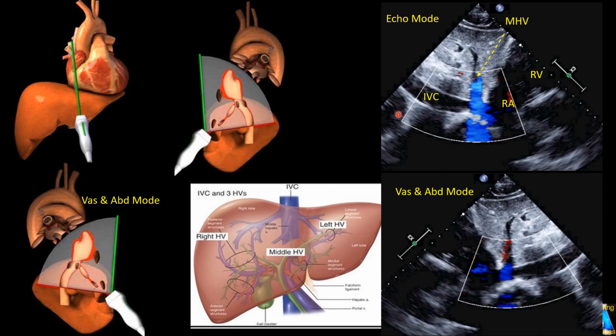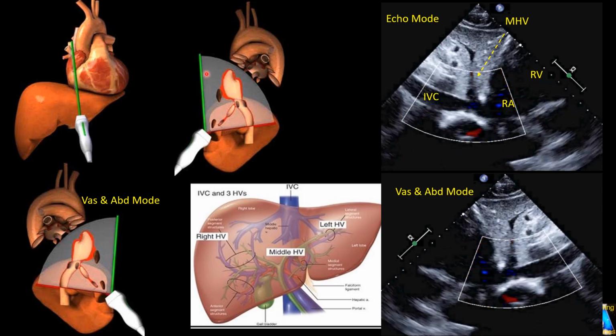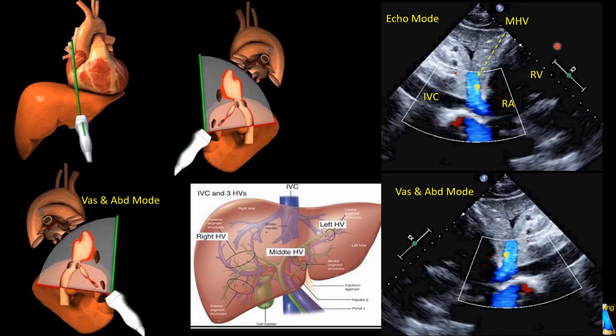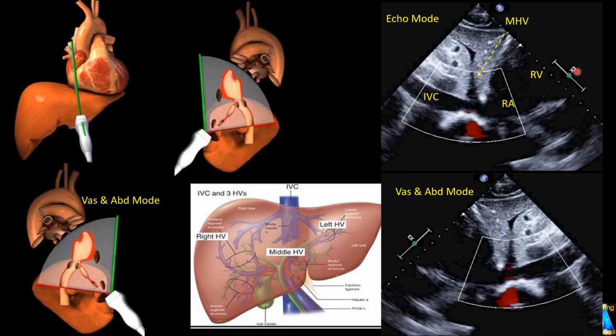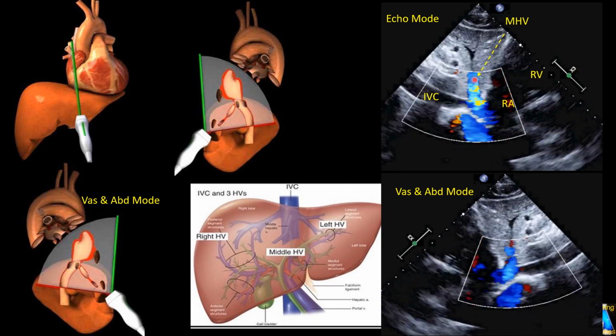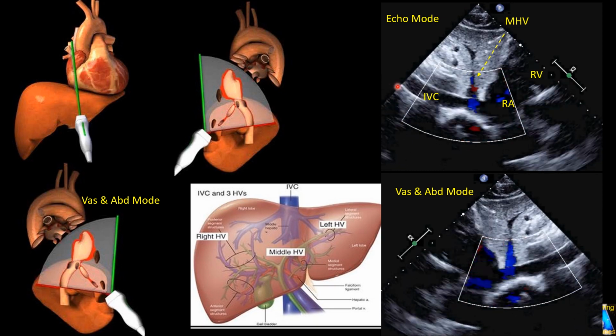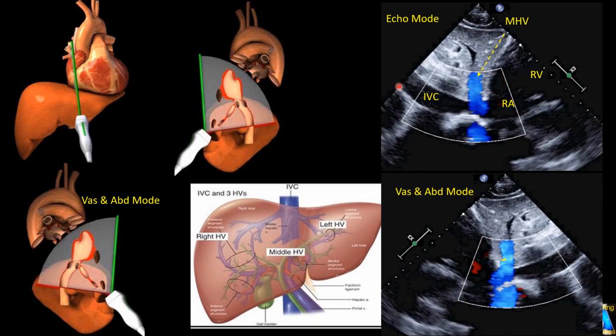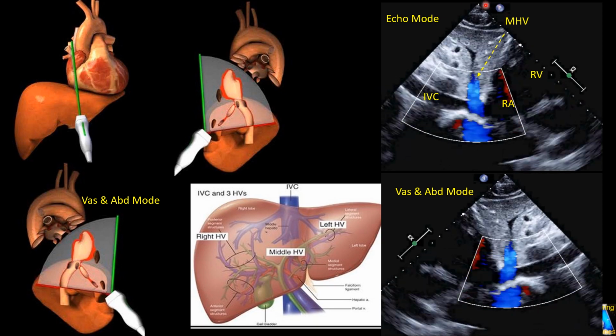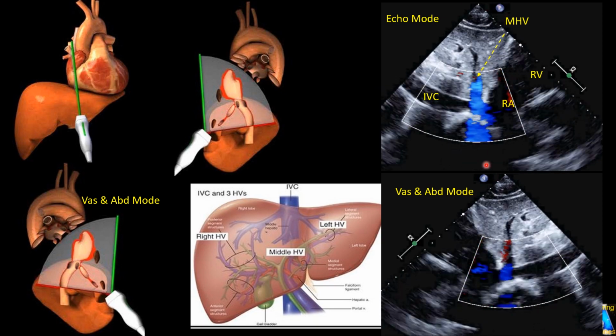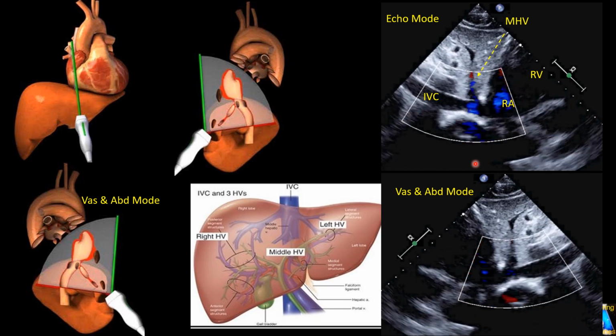image or clip. As you can see, this side is the marker side, our cephalic spot, and the other side, this one here, is caudal, toward the foot of the patient. Here cephalic and caudal, here anterior and posterior of our image and patient.